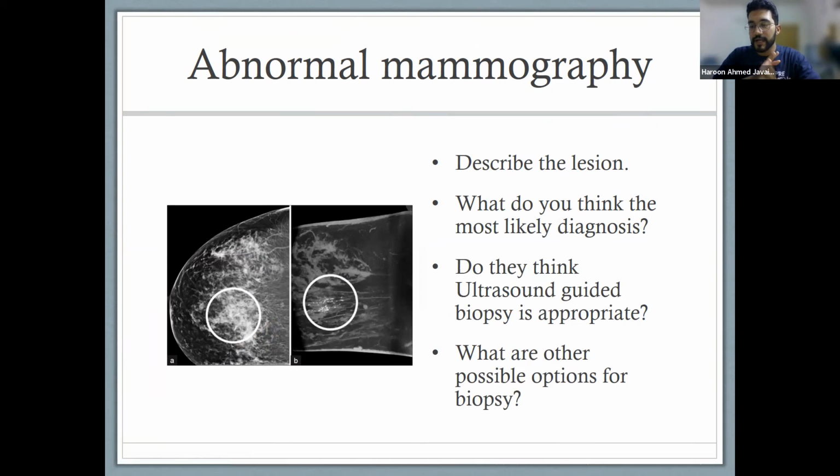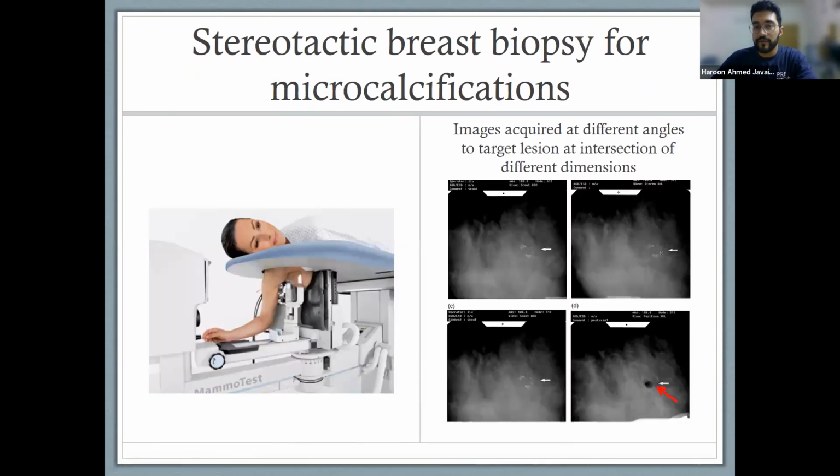In this case, since you can't really see the lump, when you're doing the ultrasound, you may not see many microcalcifications, you may not see a lump. But since you see these microcalcifications, you are still suspecting breast cancer. The only way we can actually visualize this is by the mammogram, right? So what we're going to do is mammogram-guided breast biopsy, and then you would send it to pathology.